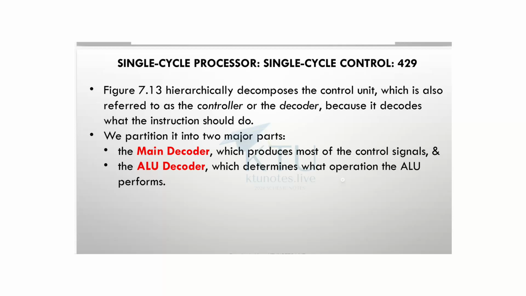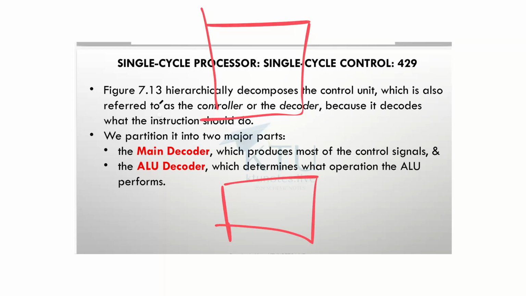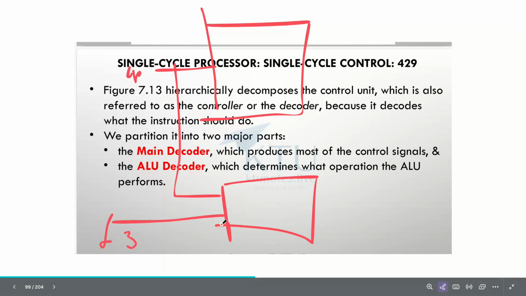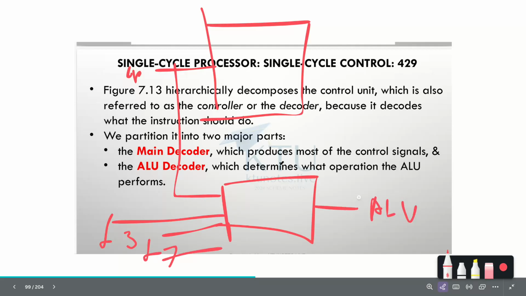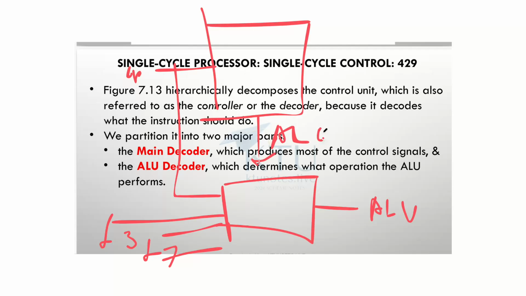So you have the main decoder and the ALU decoder. So how does the diagram come? The opcode has a connection here. Then we have the function 3 value and function 7 value in the ALU decoder, which would give this ALU control here. ALUOp is coming here. Fine, ALU control is also here.